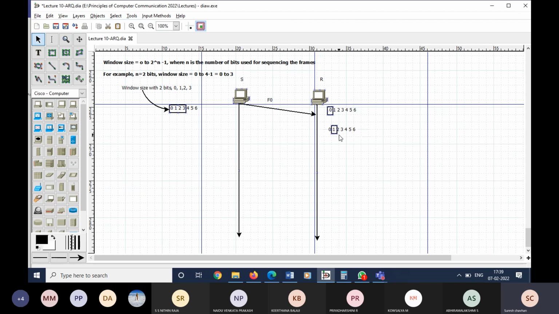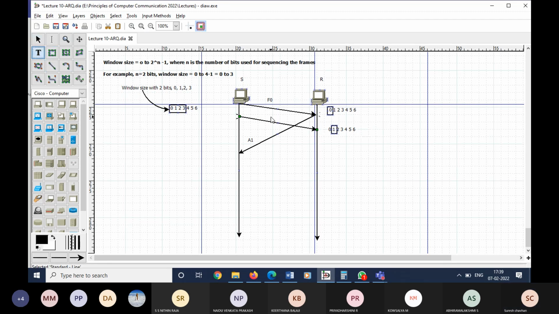The receiver will now expect the next frame, F1. After receiving, it sends an acknowledgement, say A1. This indicates that the sender's window can send up to 3 packets without any acknowledgement received. So the next packet is sent.